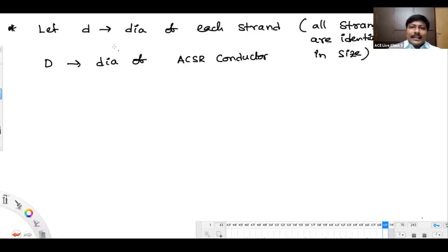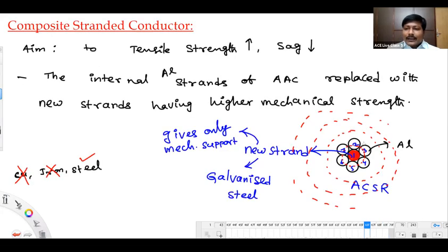Small d we considered as the diameter of each strand. Capital D is the diameter of the ACSR. For example, it's a one layer conductor. What is the overall diameter of this conductor to be expected? This is d for the internal strand, this is d for an outer strand, and this is also d for an outer strand.